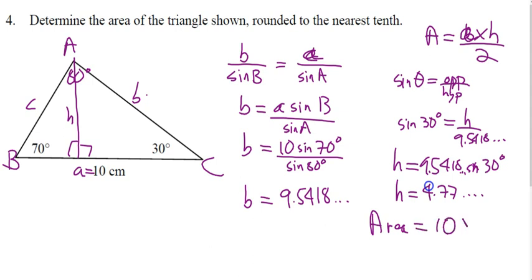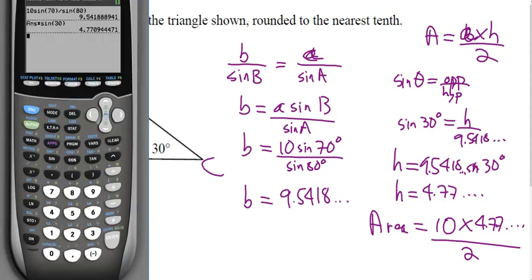Area is equal to 10 times the 4.77 divided by 2. So base times height. We've got the base is 10. Now we've got the height. We just worked that out. It's sitting in my calculator, so I'm just going to go times 10 divided by 2.